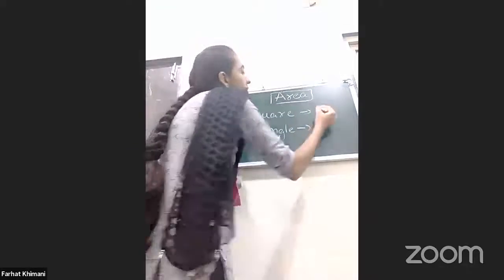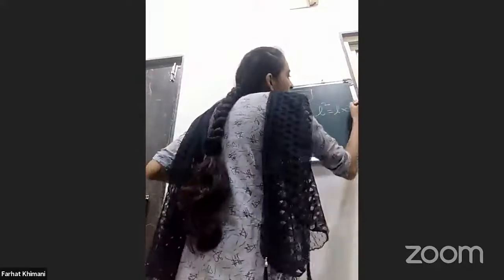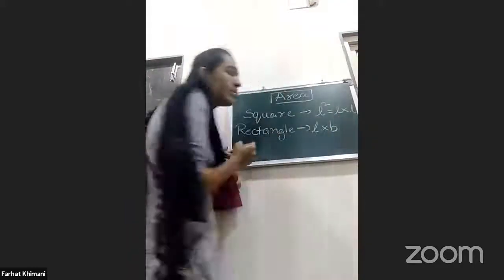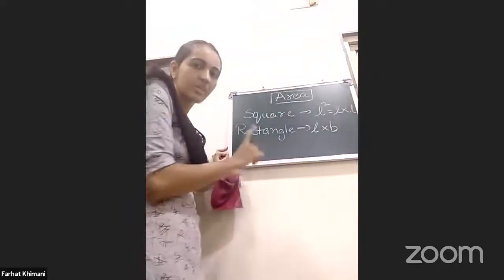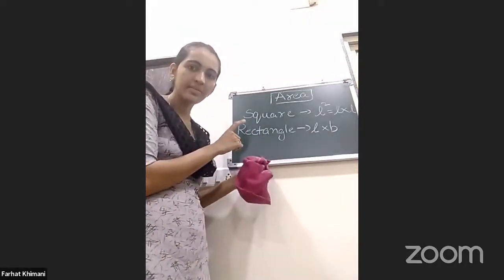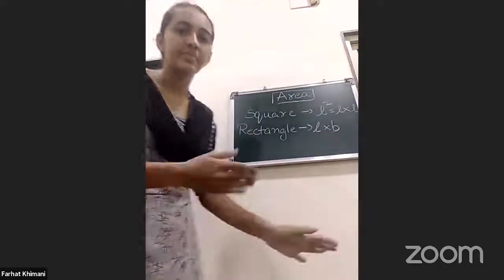Area of a square is length square, that is length into length. And area of a rectangle is length into breadth. Okay? Got it?